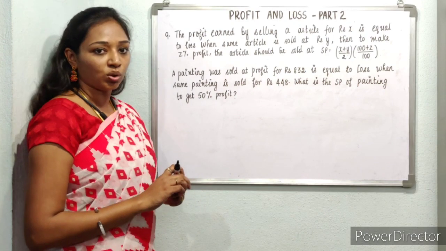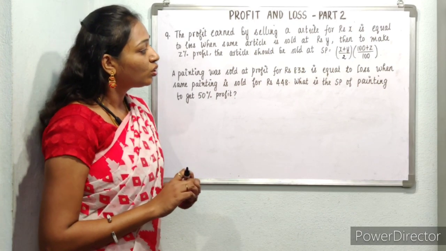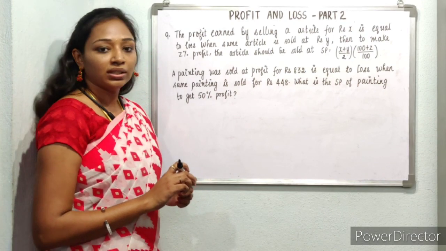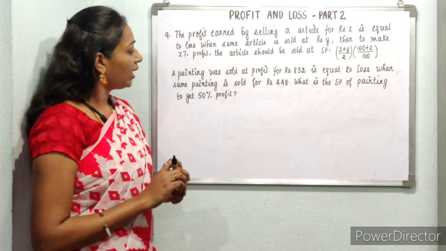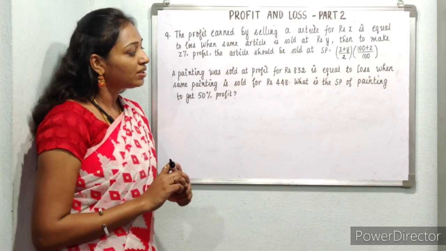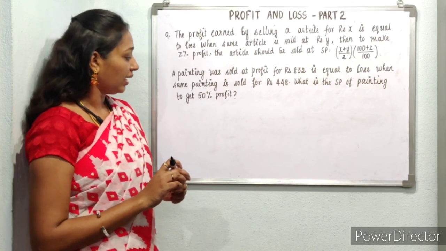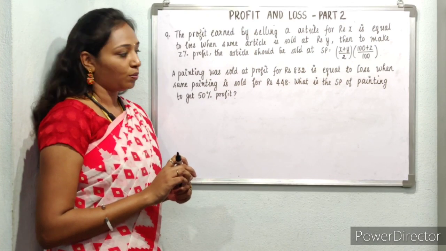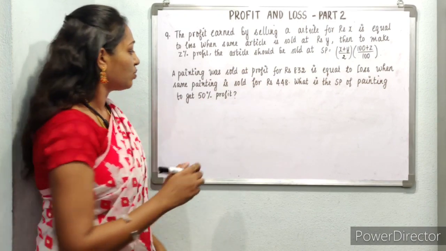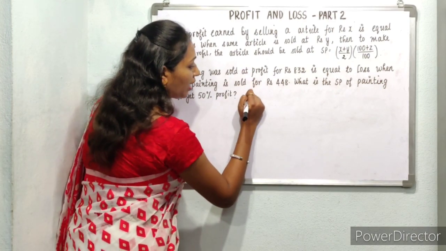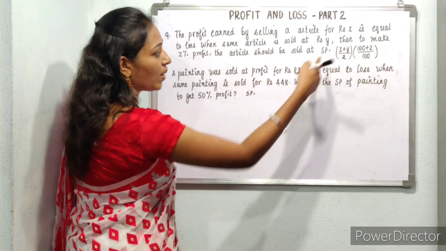A painting was sold at a profit for rupees 832, equal to the loss when the same painting is sold for rupees 448. What is the selling price of the painting to get 50% profit? So directly we can substitute it. So the selling price equal to, what is the value of X?